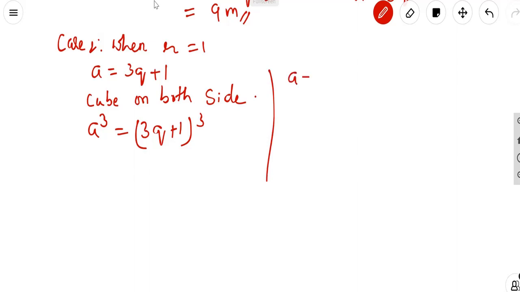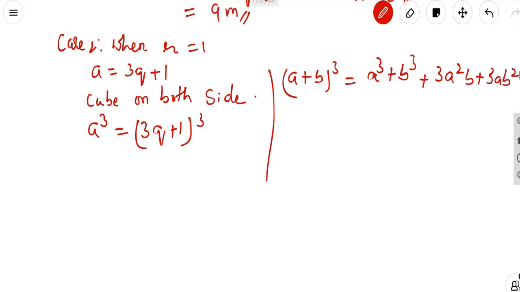Okay, so I'll write down the equation for cube here. It is in the form of (a plus b) to the power of cube, or you can say to the power of 3. So the equation is a to the power of 3 plus b to the power of 3 plus 3a square into b plus 3a b square. So this is in this form.